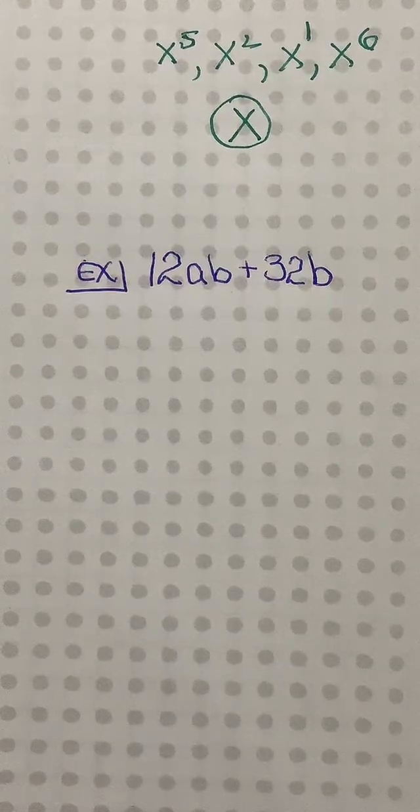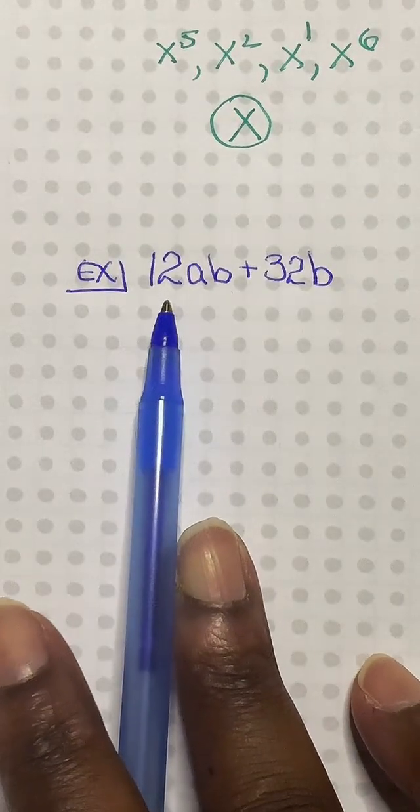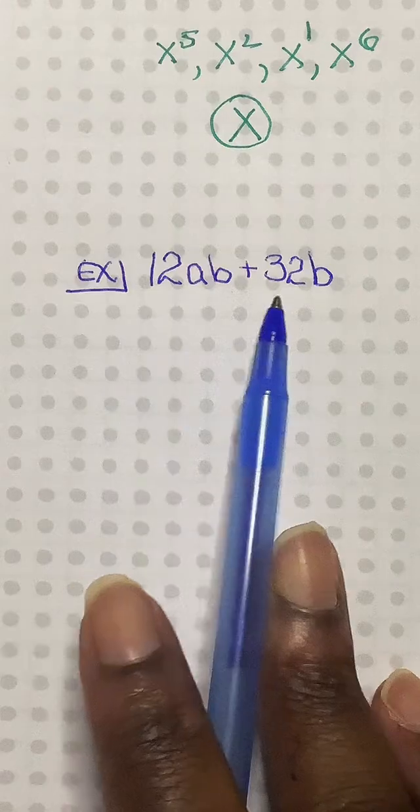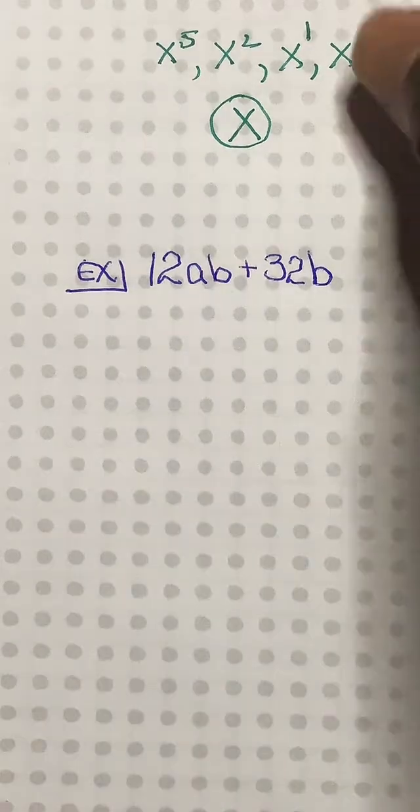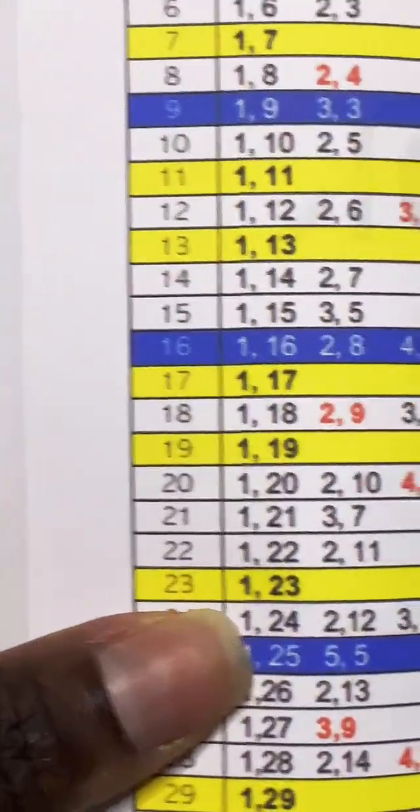So make sure, can 8 go into the 12 and the 32? All right. So this is what we have to get down. We got our 12 and we have our 32s. Let me show you my little handy dandy trick.